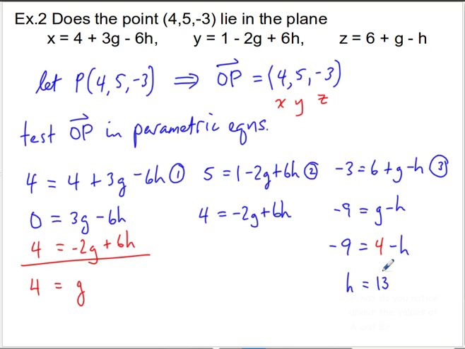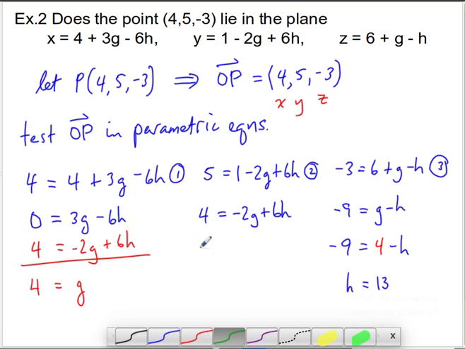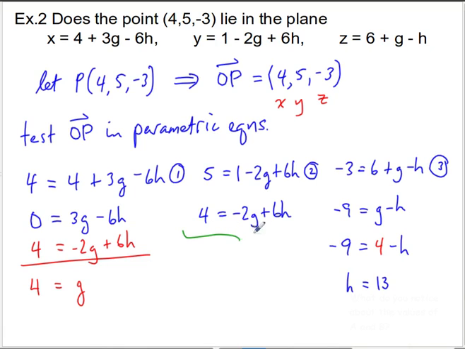One thing I haven't done is make sure that these answers are consistent. So now I need to check. I'm going to go left side. Left side is equal to 4. Right side is equal to negative 2 times g, which is 4, plus 6 times h, which is 13.